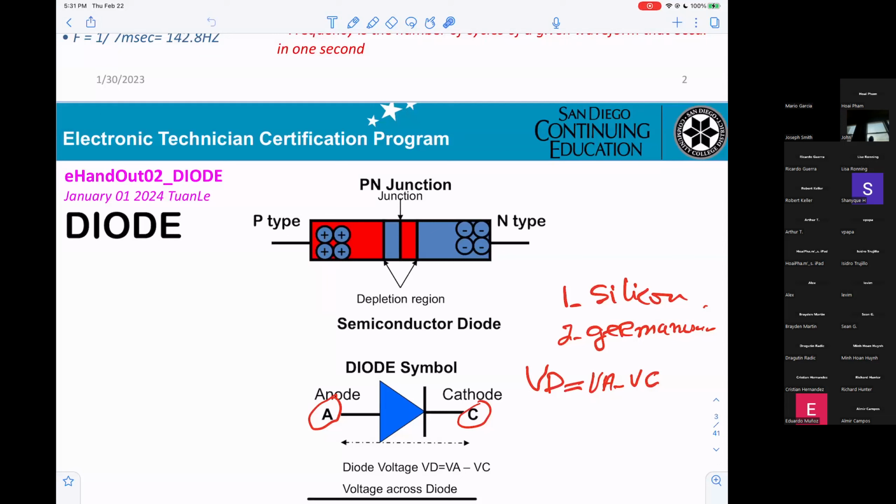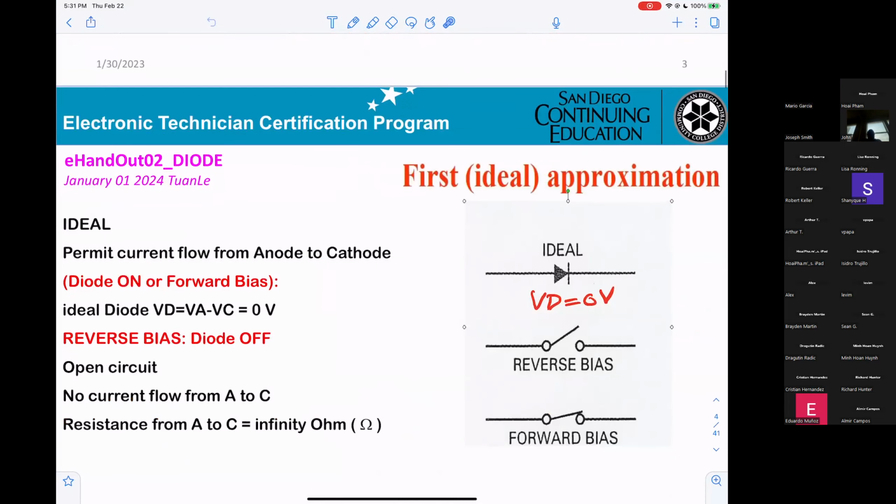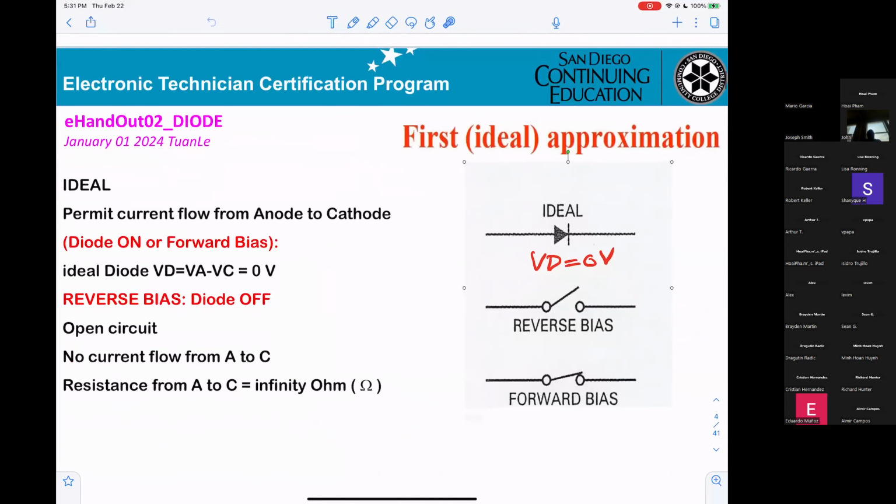Okay. We go to electronics, okay? Last time we already talked about the diode, but I want to make sure you understand the ideal diode. That means VD equals 0. That will be an anode, that will be a cathode here.